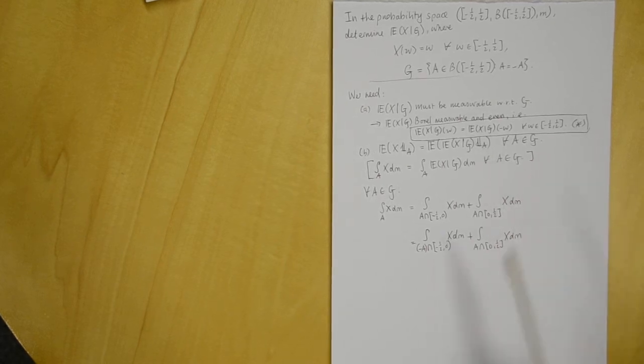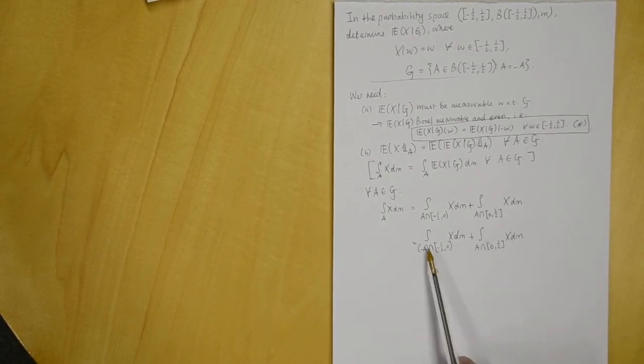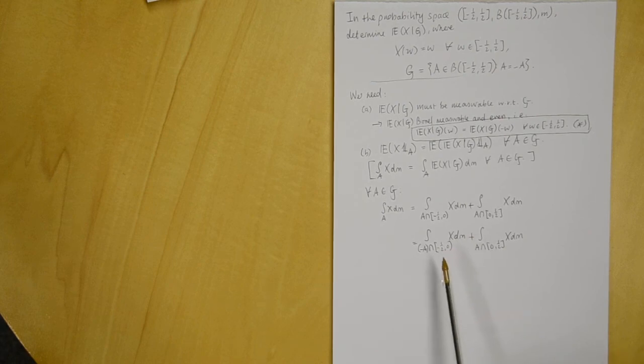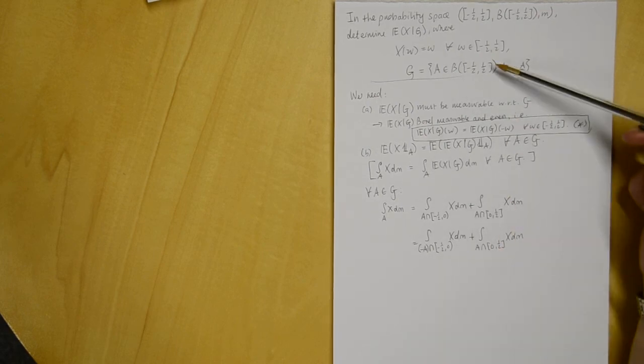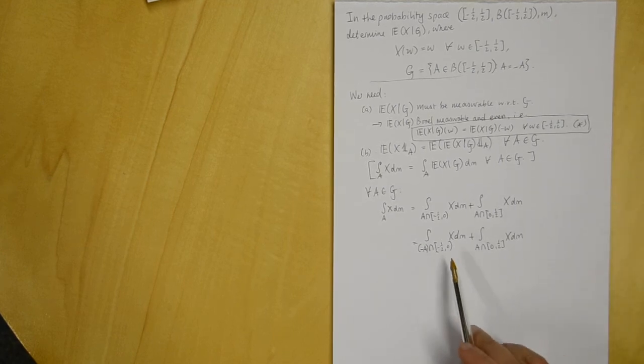The important thing to notice here is that this set is exactly a mirror image of this set. The only difference between these two sets is that the point 0 might be included on the right hand side, but it is not included on the left hand side. This doesn't really matter because we are dealing with a collection of Borel sets and with Lebesgue measure, and the Lebesgue measure of a single point is 0.